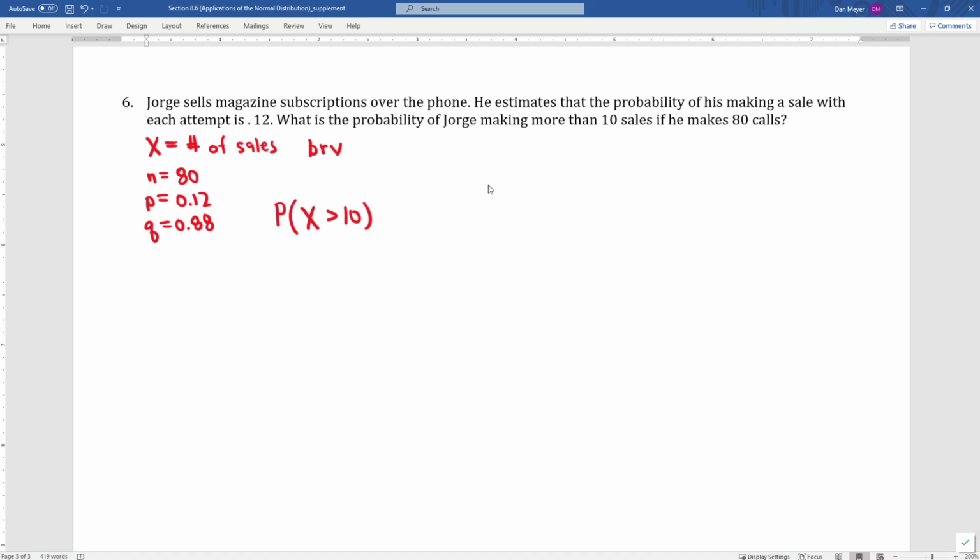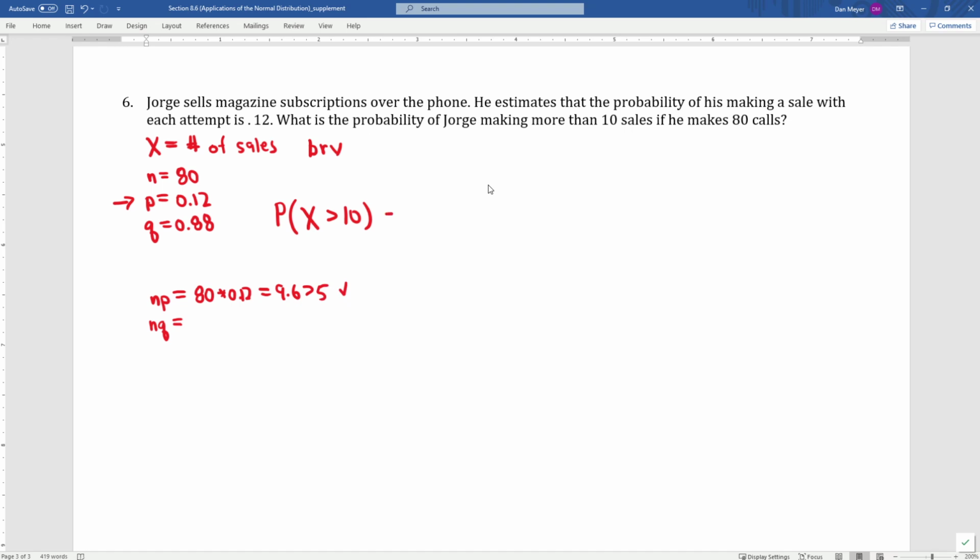If we check here to make sure that we can do it, if we look at n times p or n times q, we should check that both of those are bigger than 5, but you only have to check for the smaller probability. So we're looking at 80 times 0.12, and that's 9.6, which is bigger than 5, so that works out. So we can do our normal approximation to the binomial distribution here.